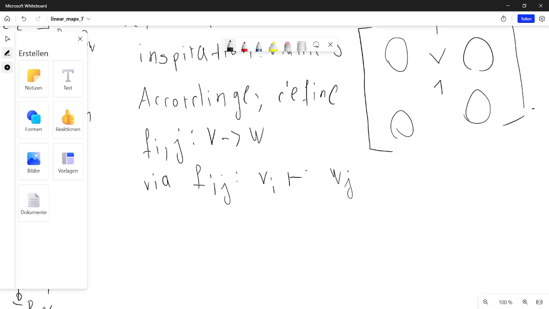So it maps vector vi to wj, and our other basis vectors vi tilde are mapped to 0, which defines linear maps, we know, because we can specify our basis vectors in any way that will define a linear map, right? And this is for i tilde not equal to i. So any vi tilde with i tilde not equal to i is mapped to 0.